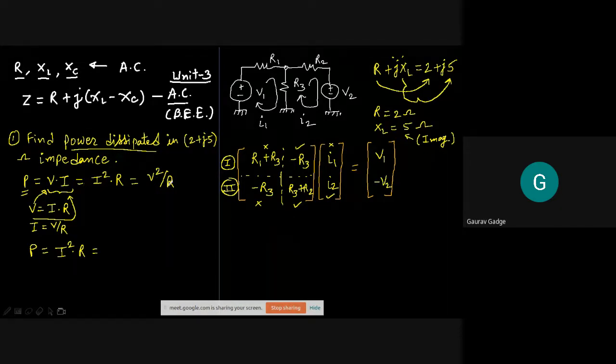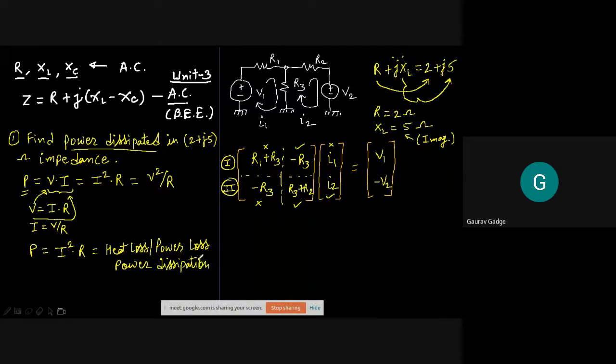If you find it by V into I, that is also correct. If you use V square upon R, that is also correct. But the general way of power dissipation or heat loss or power loss can be written with this equation. This equation is applicable to heat loss, power dissipation, power consumed.